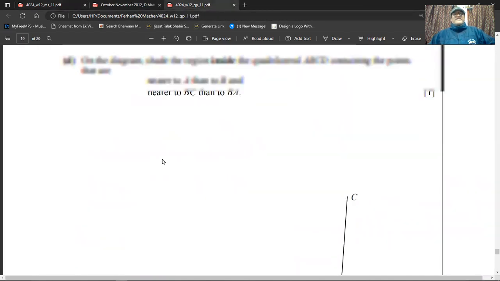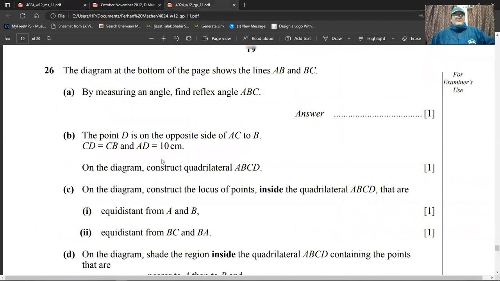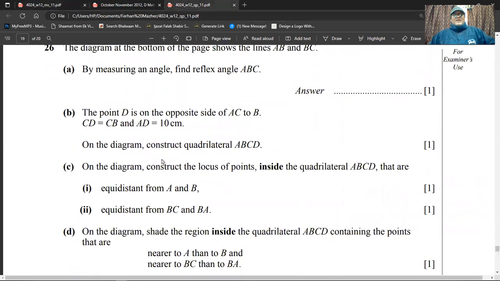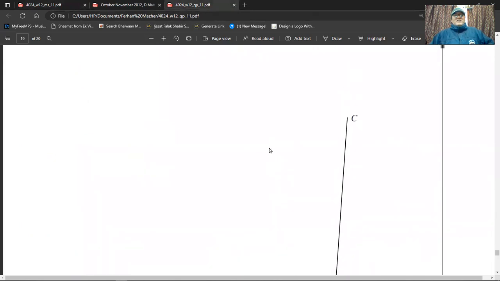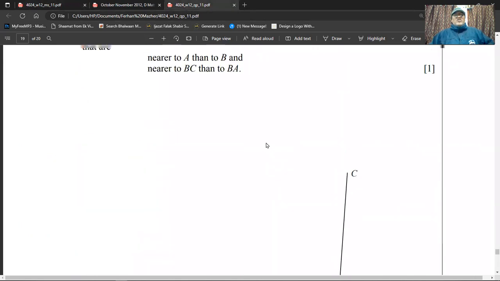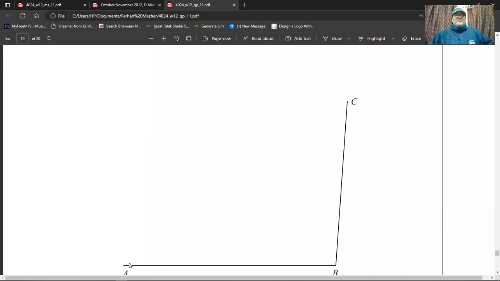Okay, then they say, the point D is on the opposite side of the AC to the B. The CD and the CB, they are equal, and the AD is 10 centimeters. So the point D is opposite to the B, to the line AC.